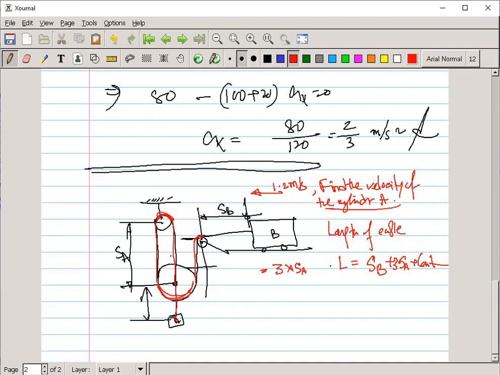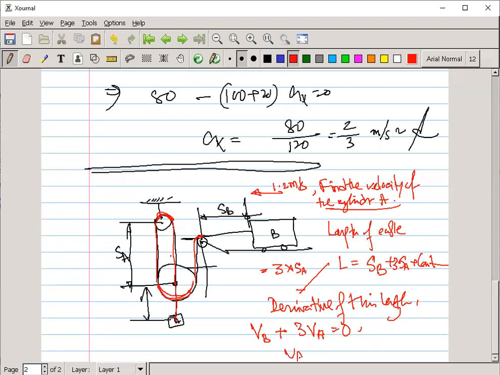So what you have to do is take the derivative of that. When you do the derivative, derivative of SB, the displacement, is a velocity, so VB plus 3 into VA is equal to 0.